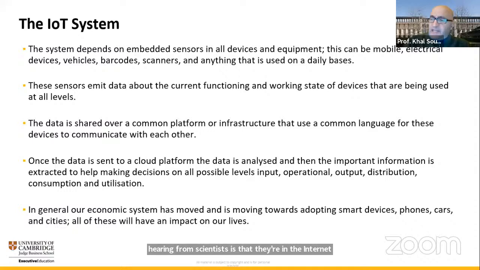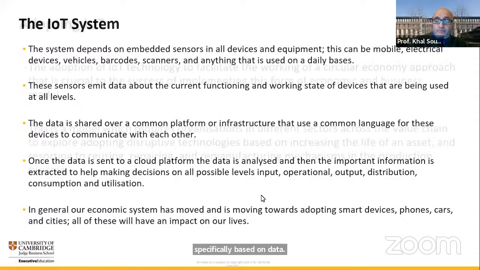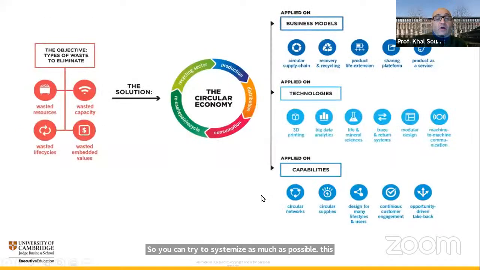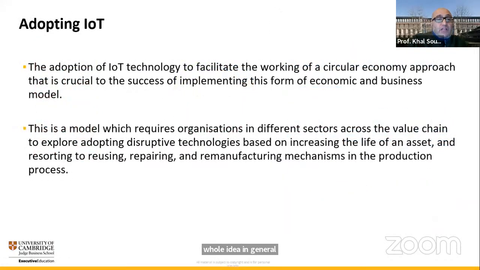So you can try to systemize this whole idea as much as possible. Adopting Internet of Things technology to facilitate the working of a circular economy is crucial to its implementation.